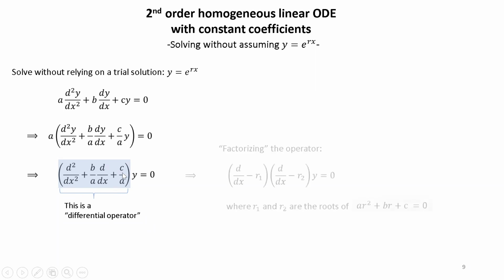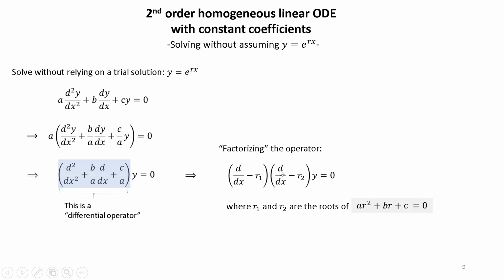Now, this differential operator can actually be written as a product of two operators. So what does it really mean?